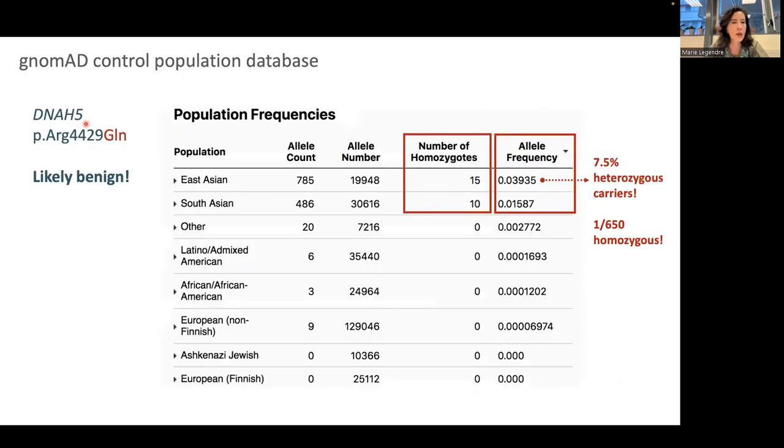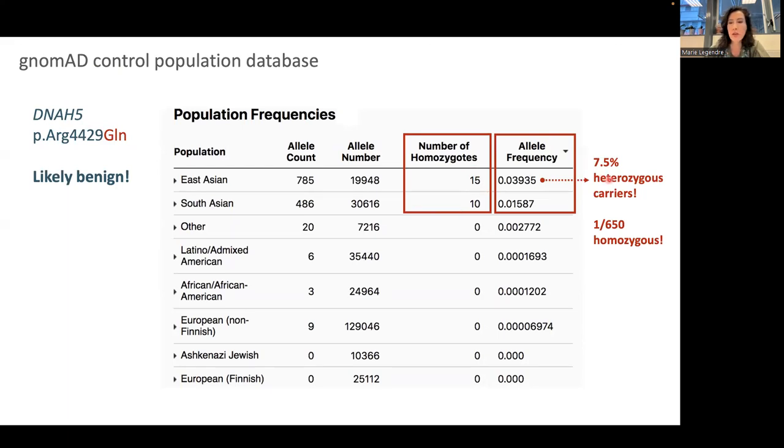So I'm going to give you the example of a variant we've identified in a patient in DNAH5. This means that an arginine is replaced by a glutamine in this individual. So we go and have a look at this large population database, and we see that 25 people who do not have PCD have this variation in both copies of DNAH5.